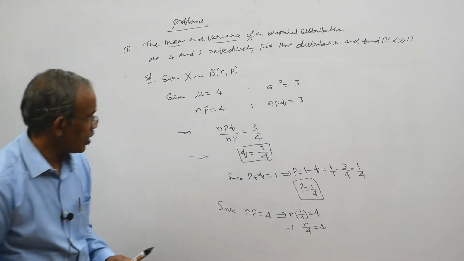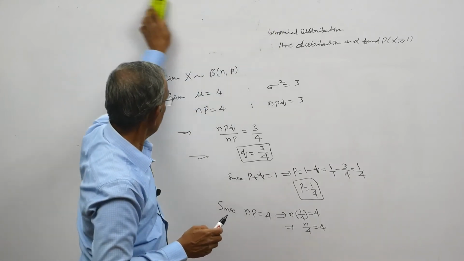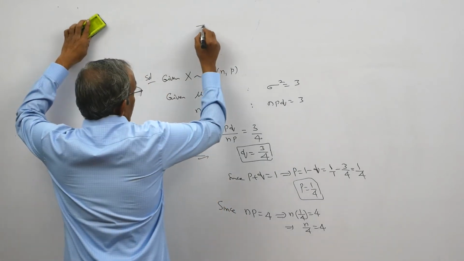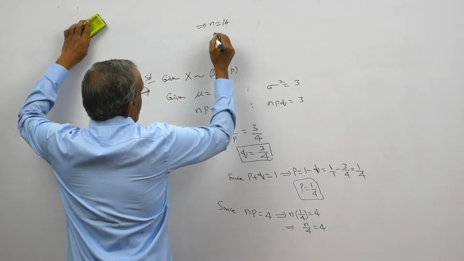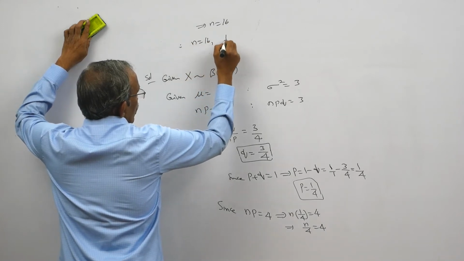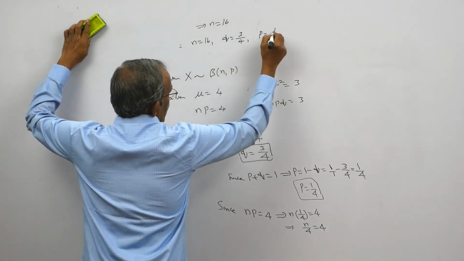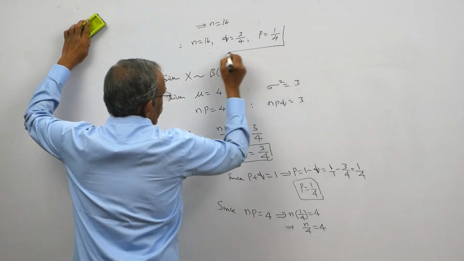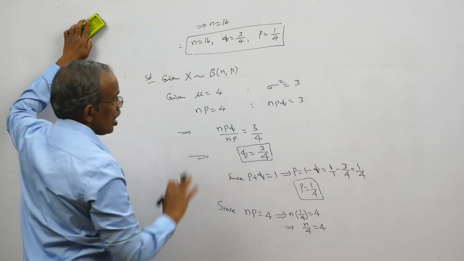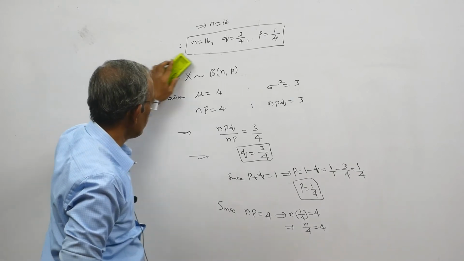Number of trials n is equal to 16. So n equal to 16, q is equal to 3 by 4, p is equal to 1 by 4. Here n and p are parameters. Also we know that the probability of failure q is equal to 3 by 4.